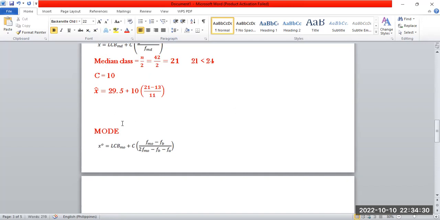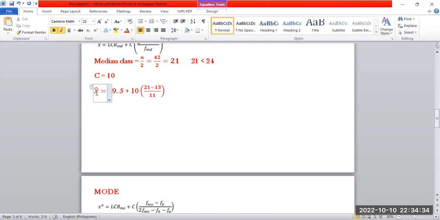Okay, and then copy na natin. So the median is equal to 29.5 plus 10 times 21 minus 13 divided by 11.